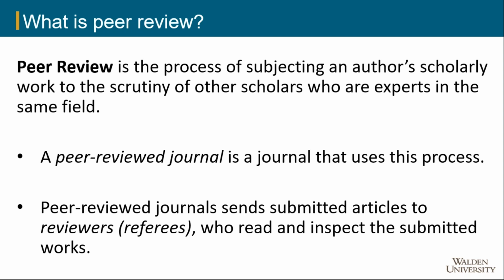Okay, so while each article is reviewed by the reviewers for that publication, it's really the journal that has the designation of peer-reviewed. And so the standard articles that are published in that journal will be considered peer-reviewed.